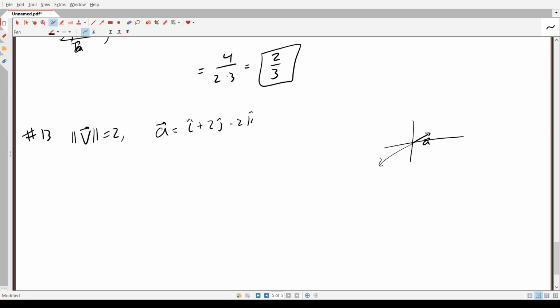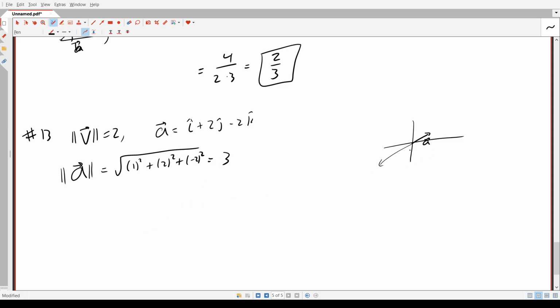So let's find a unit vector in the same direction as a. To do that, we just need to find the norm of a, which is square root of 1 squared plus 2 squared plus minus 2 squared, and we've seen this several times. This means that the norm of a is 3.